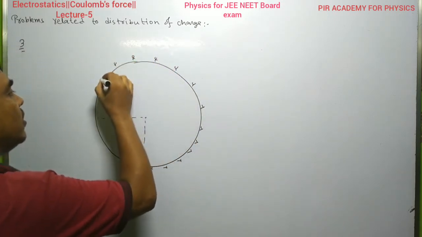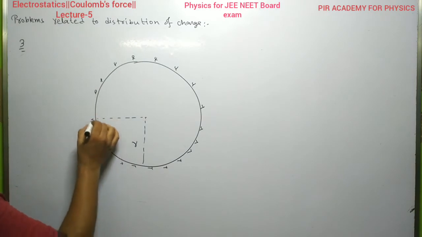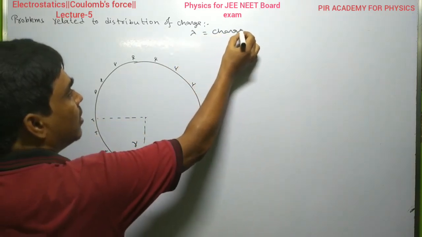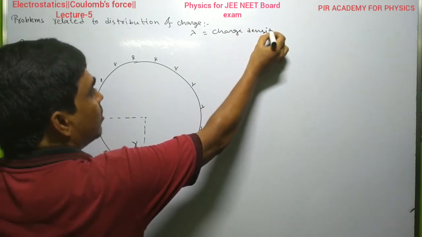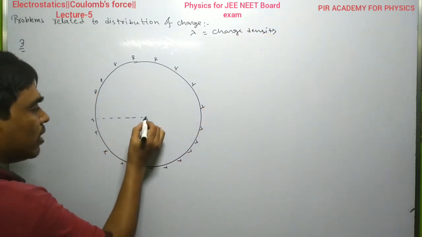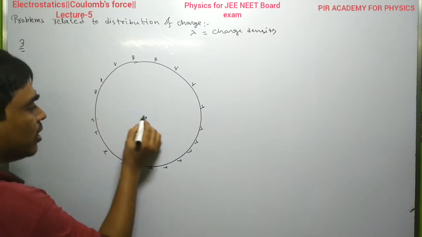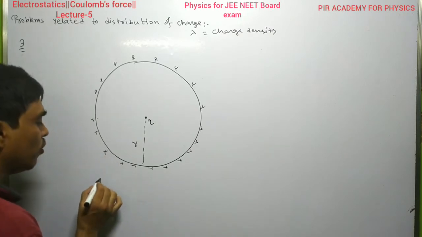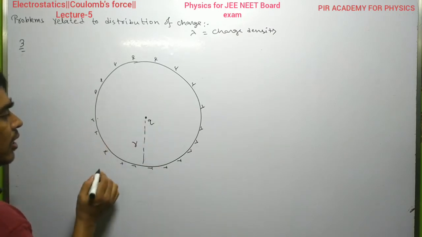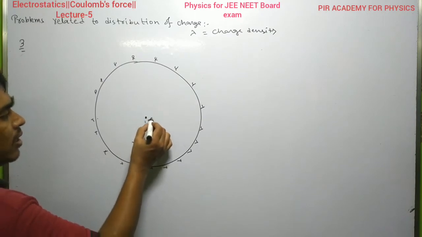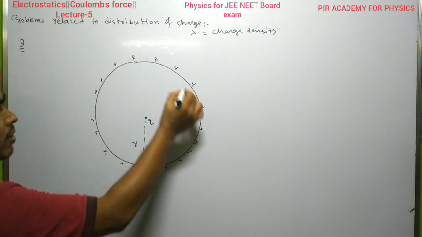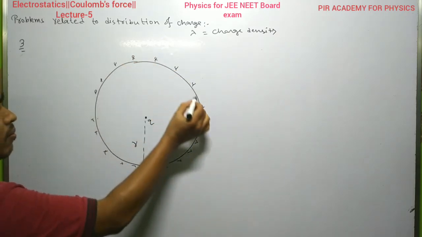What is lambda? It is the charge density. If I put a charge plus Q, then you have to find out the change. Here lambda is positive, and here is charge plus Q.